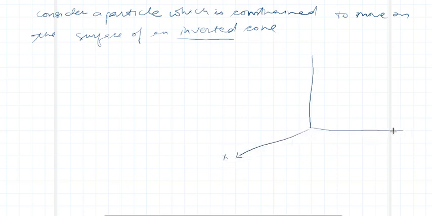Say this is the x-axis, this is the y-axis, and say this is the z-axis. And something is supposed to move over the surface of a cone. The cone is like this. And say this is one point. Say I am assuming one point here, x, y, and z, and this can be represented as r, theta, and phi.